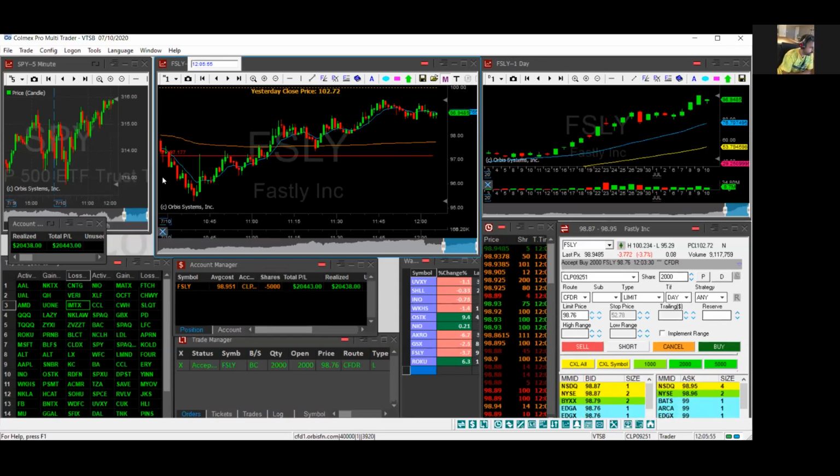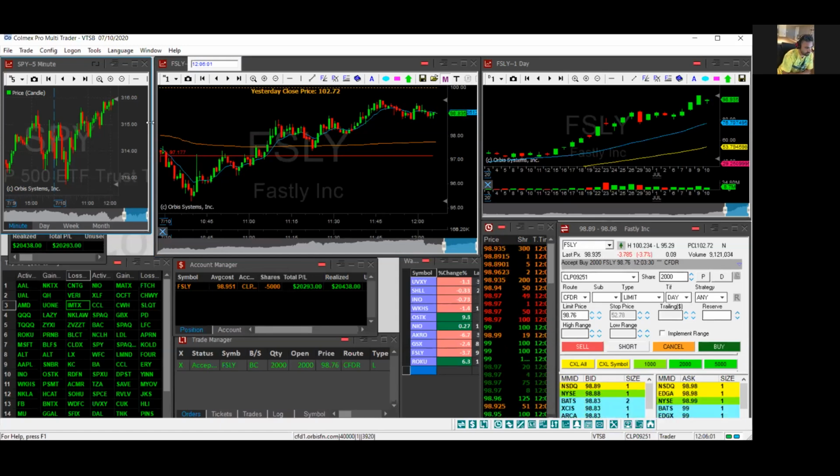But actually, SPY is breaking out, so we forgot to mention that. So SPY is not helping. It just spiked. Look at SPY. Let's see if FSLY follows this SPY spike.